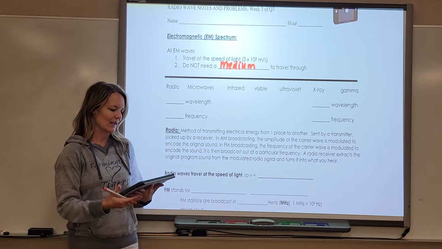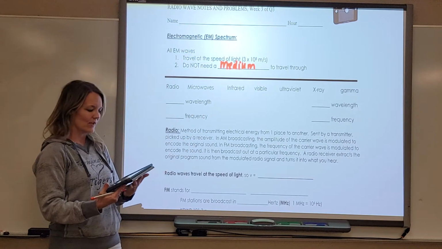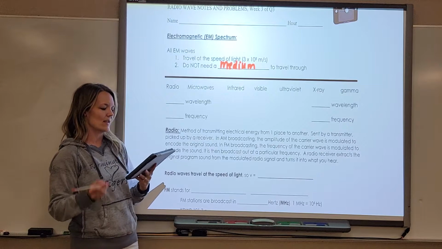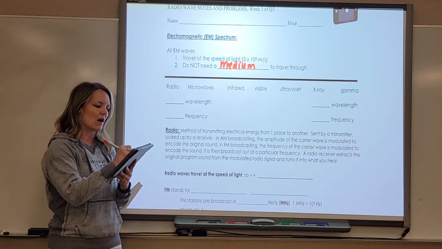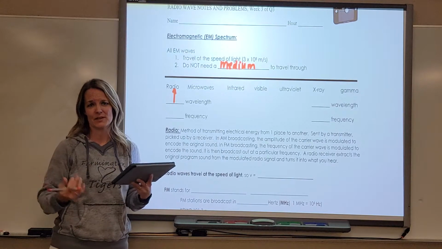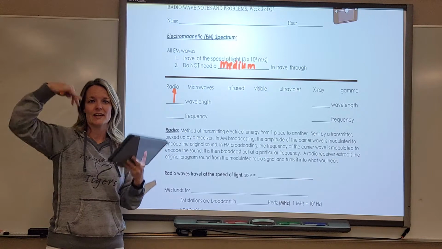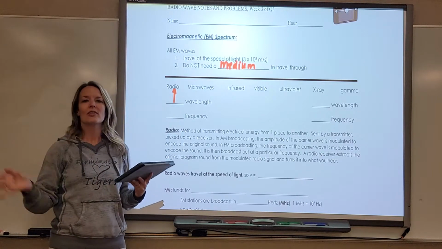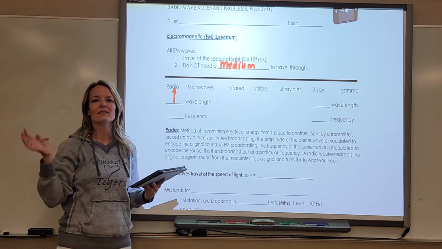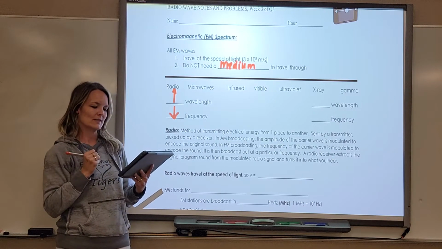Looking at the electromagnetic spectrum, this side where radio waves fall, these are the ones that have a really long wavelength. Some of these wavelengths are going to be hundreds of meters long. Because frequency and wavelength have an inverse relationship, the longer the wave, the less times it comes, the lower the frequency.